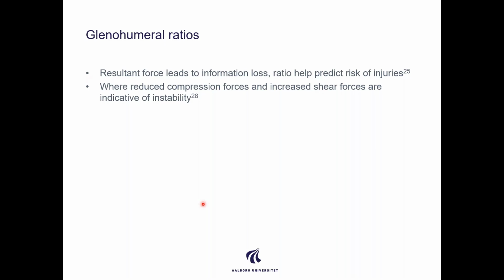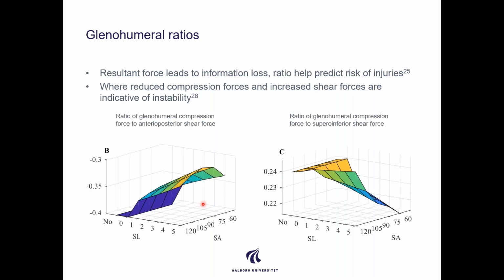So if we have an increased shear force, then it would contribute to a destabilization by translating the humeral head towards the glenoid rim. And when we were looking at our data, we could actually see that we were reducing this ratio in some sense when we are using the exoskeleton, which might indicate that we can get a more stable glenohumeral joint when we are performing the task with an exoskeleton.